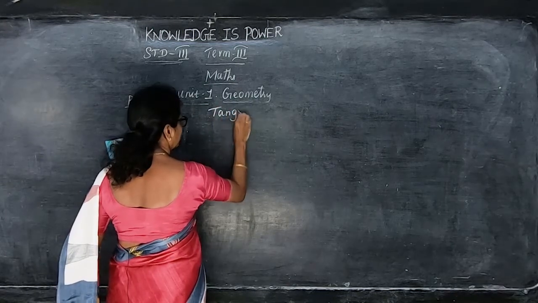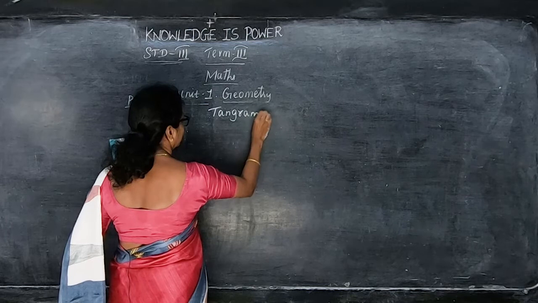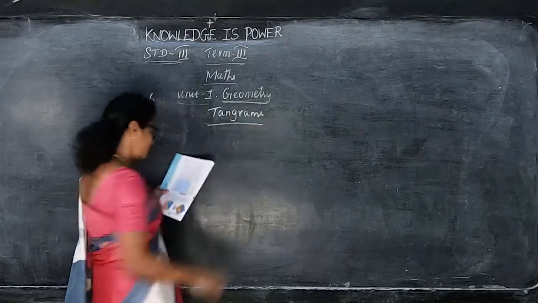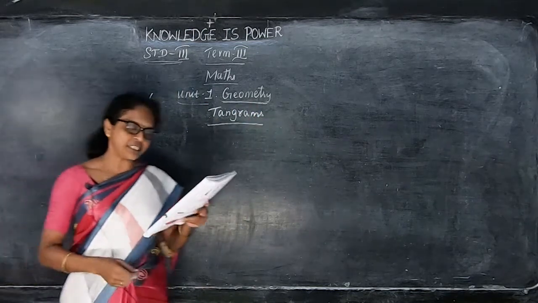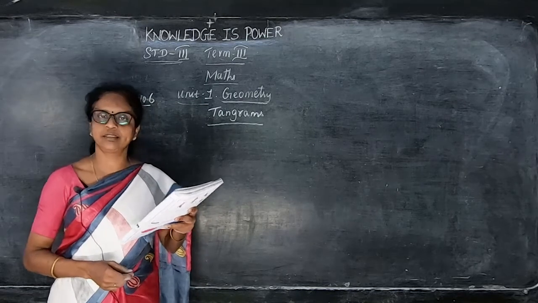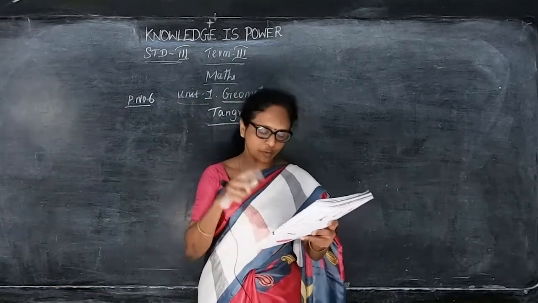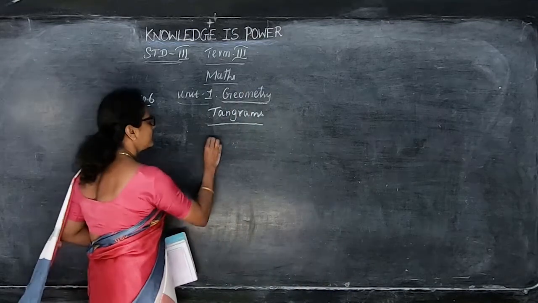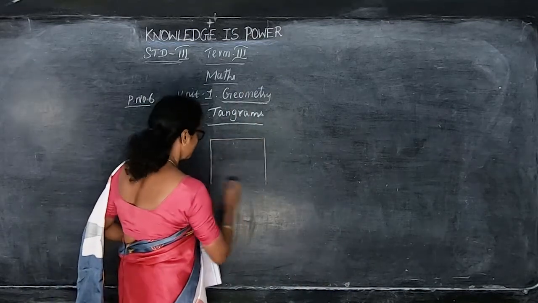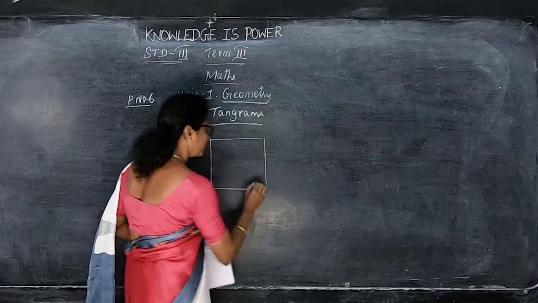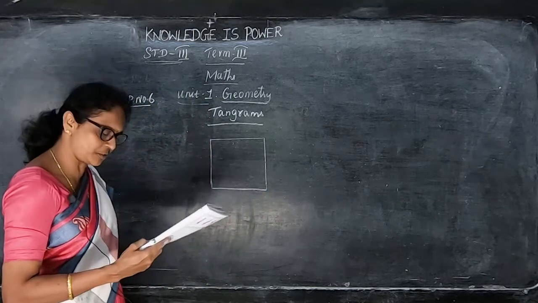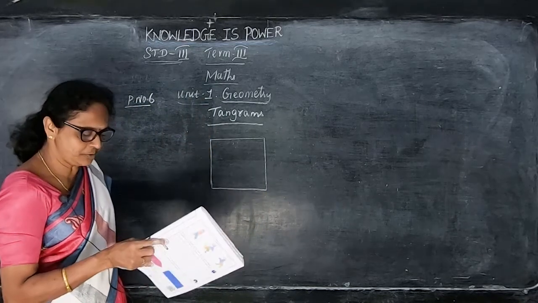Tangrams. So in this, tangram is a traditional Chinese puzzle. This is a traditional Chinese puzzle made of a square. So for a square, this is the tangram. This is 1 piece of a square. Okay, this is the Chinese puzzle made of a square divided into 7 pieces.